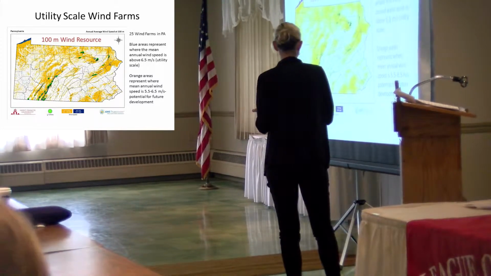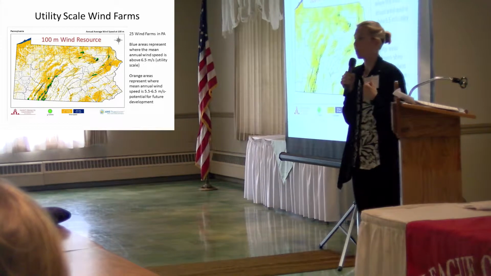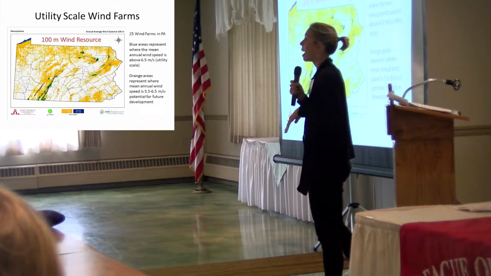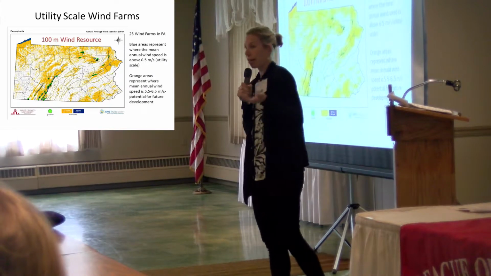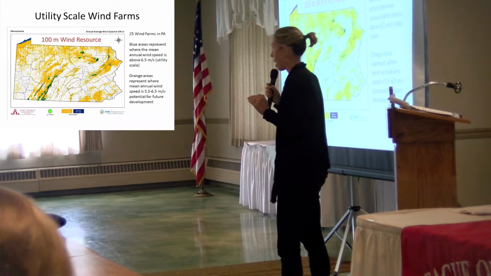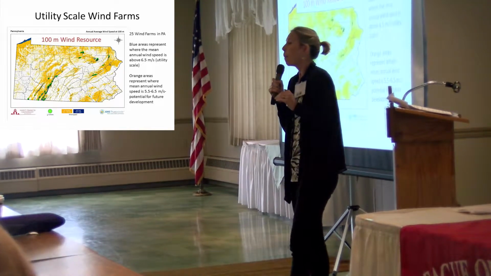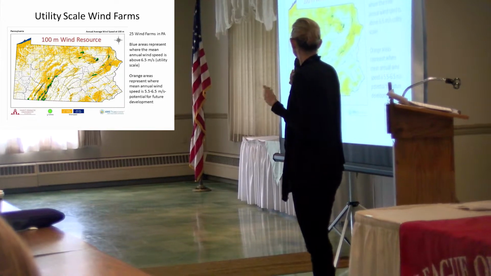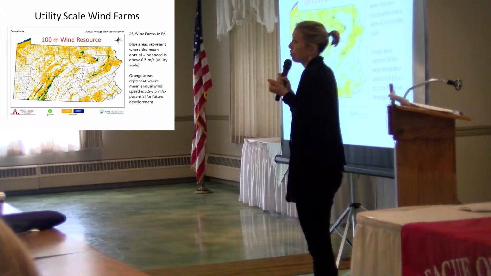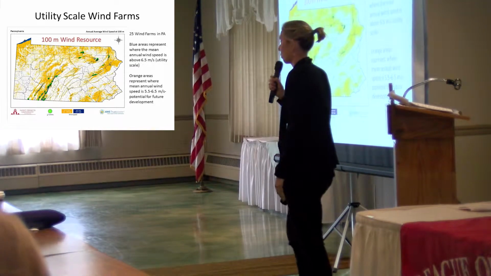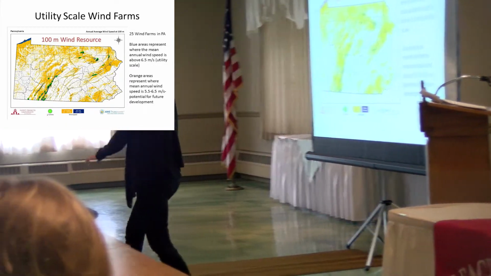The orange represents where the wind speeds are between 5.5 and 6.5 meters per second. That's an annual average wind speed, and that's not quite considered a potential right now for utility scale development, but likely in the future as larger rotors, taller towers, and better technology will open that up as a potential for more development here in PA.